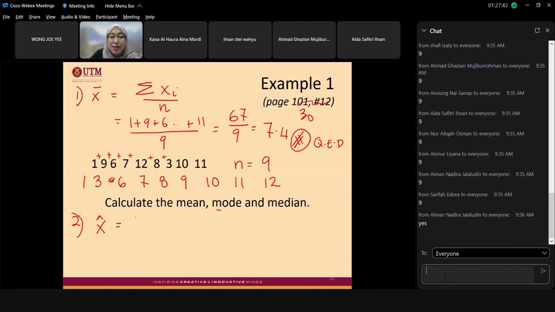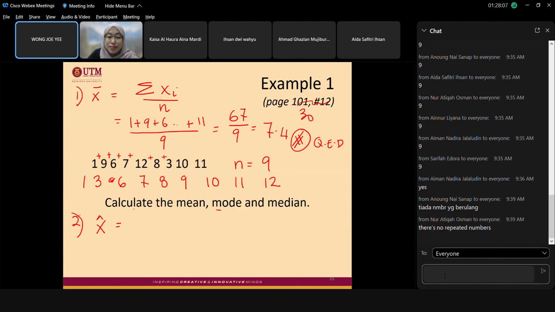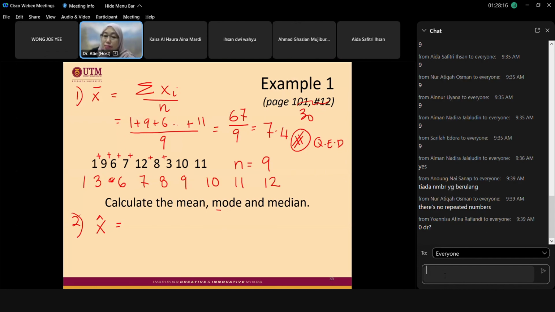Why do you say it's no mode? Okay, never mind. It seems that you are not confident with your answer. Let me ask Zulaika.